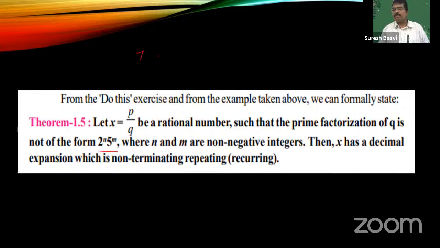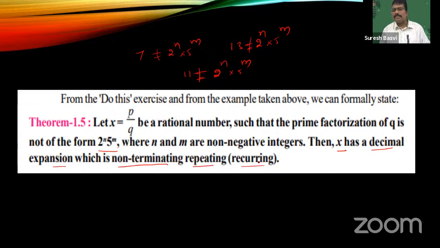So 7 is not in the form of 2 power n into 5 power m, and 13 is not, and 11 is not, and so on. They are not of the form 2 power n into 5 power m, where n and m are non-negative integers, then x has a decimal expansion which is non-terminating, repeating, recurring.